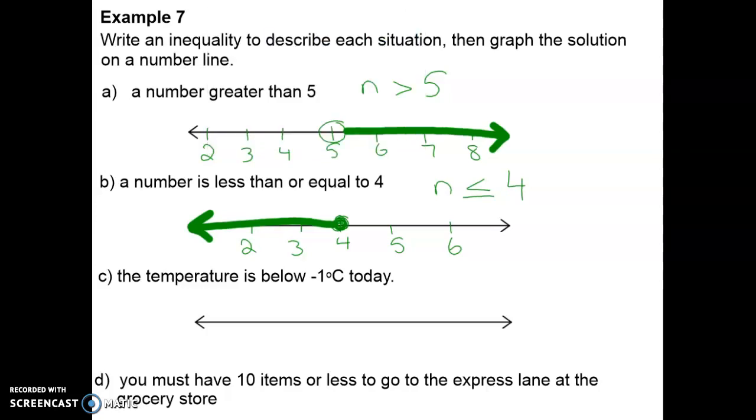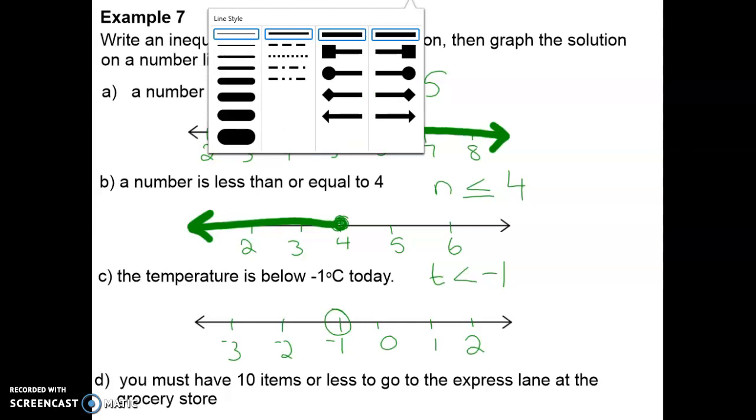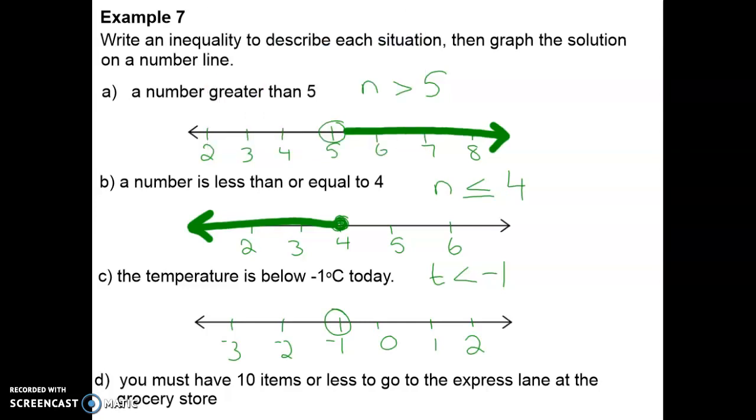The temperature is below -1 degrees today, so the temperature is less than -1. So this time we don't have the equals to sign, so we put in our hollow circle, and it's less than, so we're shading to the left.